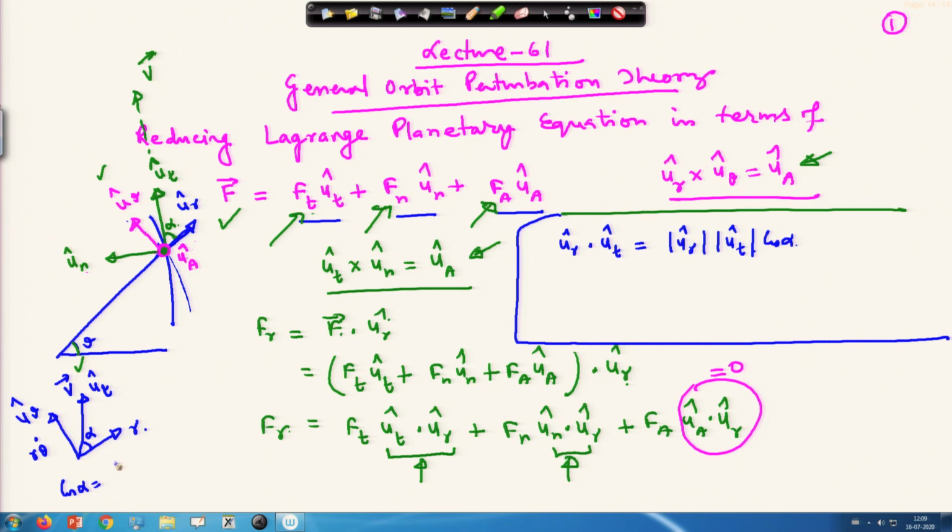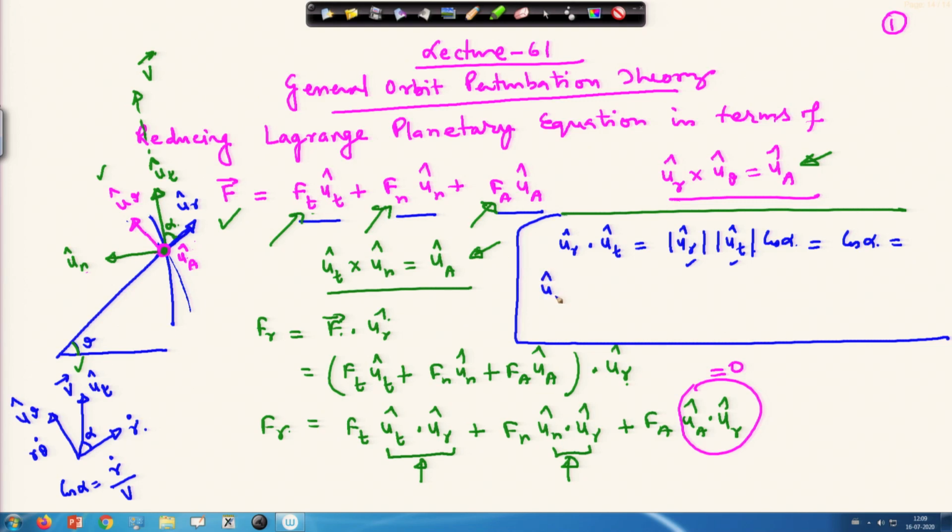So, what do we get from this place? Cos alpha equals r dot divided by V. Therefore, this becomes equal to cos alpha, all these are unit vectors, and this is the quantity we are trying to evaluate here.